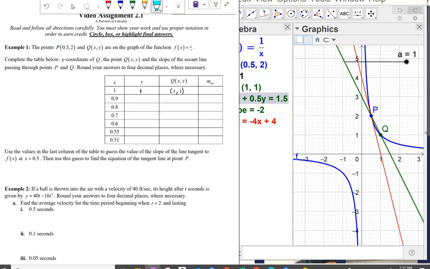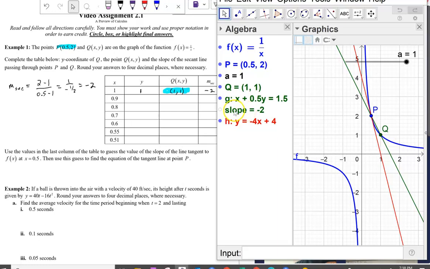Well, if we have the point P, and now we have the point Q here, we should be able to find the slope pretty easily. The difference of the y's in the numerator and the difference of the x's in the denominator. And as you'll see here in green, we have that the slope is indeed -2.